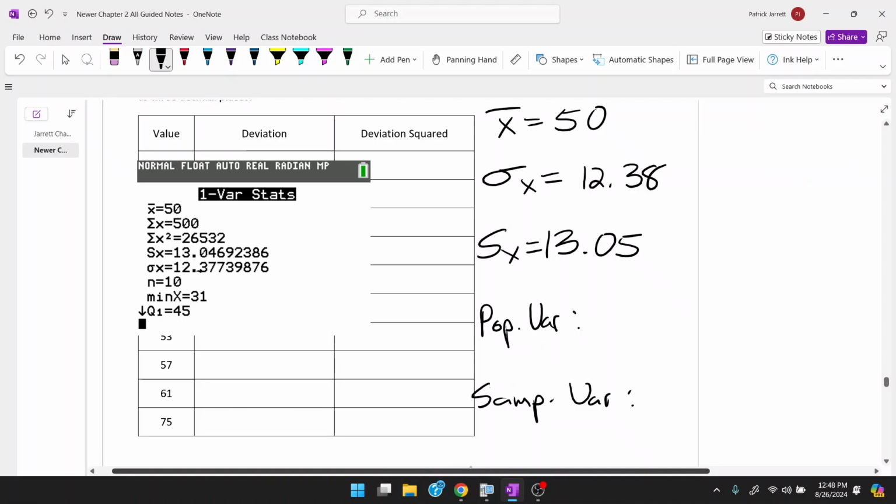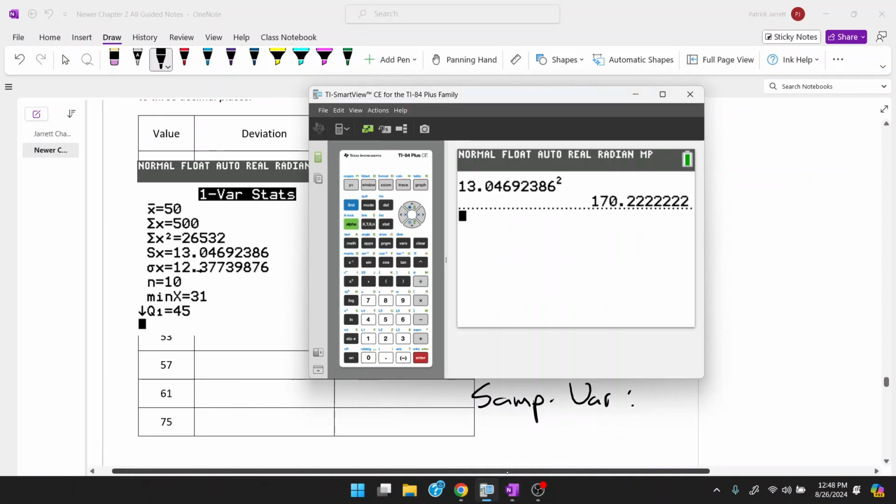Now that was, since I took the square of the sample standard deviation, I now have which variance, population or sample? I have the sample variance.